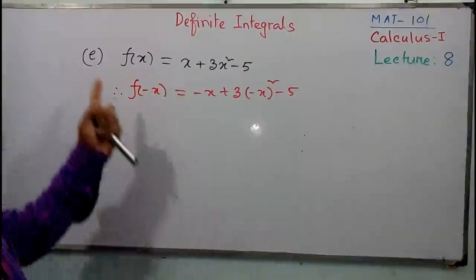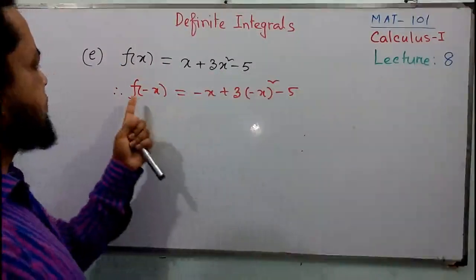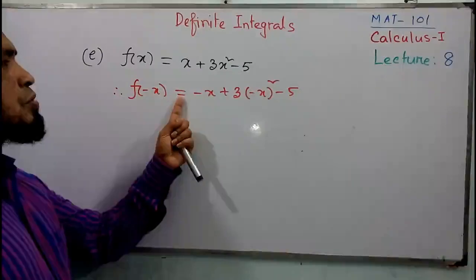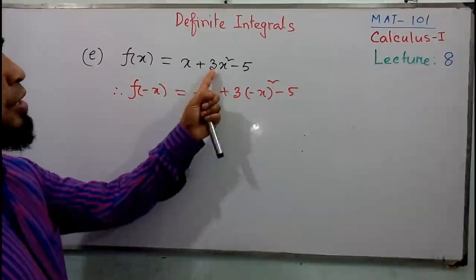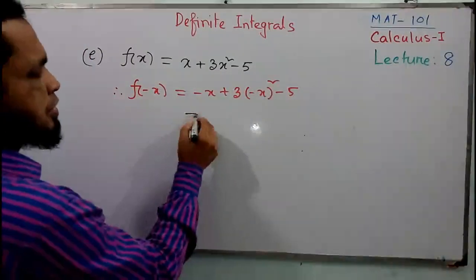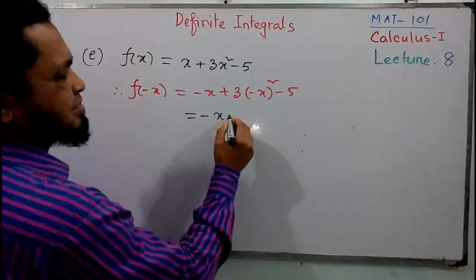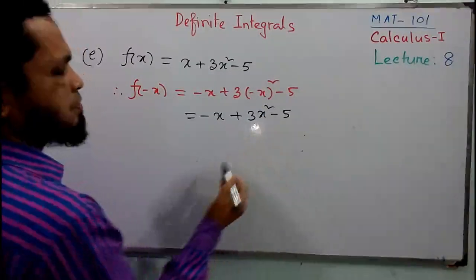Dear students, problem number E: f of x equals x plus 3x square minus 5. Therefore, f of minus x equals what? You just apply minus x in place of x, and 3 into minus x whole square, and the result is minus x plus 3x square minus 5.